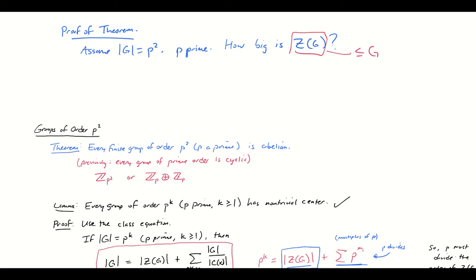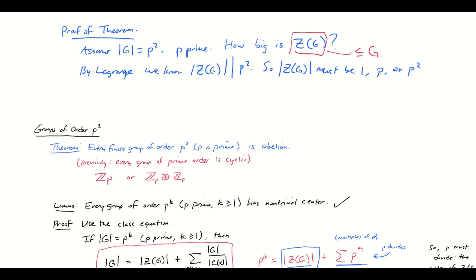The center of G is definitely a subgroup. So by Lagrange's theorem, we know the order of Z of G must divide p squared. And I know of three divisors of p squared that could be the order of a group because they're positive integers. This must be 1, p, or p squared.